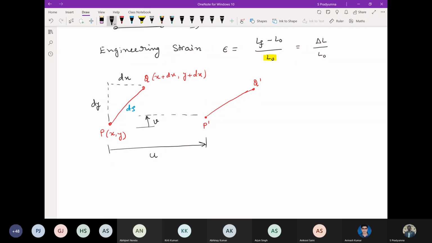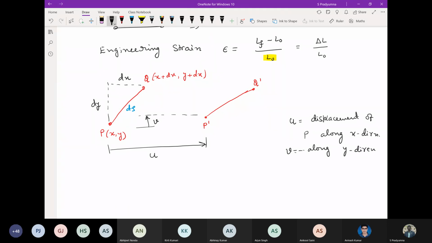The displacement along the x direction and the displacement along the y direction are represented as u and v. That is, u is the displacement of point P along the x direction, and v is the same along the y direction.